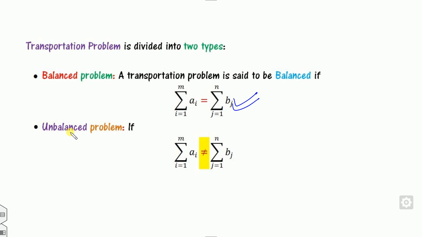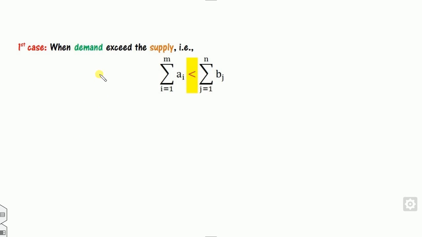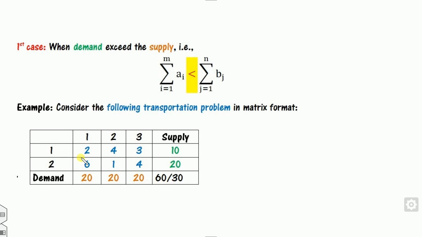Otherwise, we say it is unbalanced. Once it is unbalanced, there are two cases: either the demand exceeds supply or supply exceeds the demand. Look at this example: the sum of this is 30, here it is 60. So demand is more than the supply, and this is called an unbalanced transportation problem.